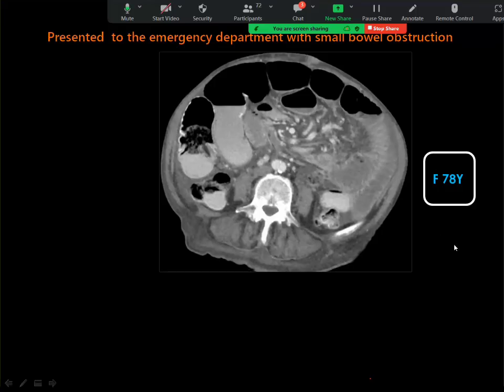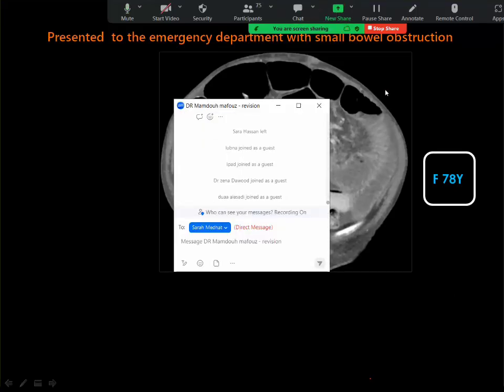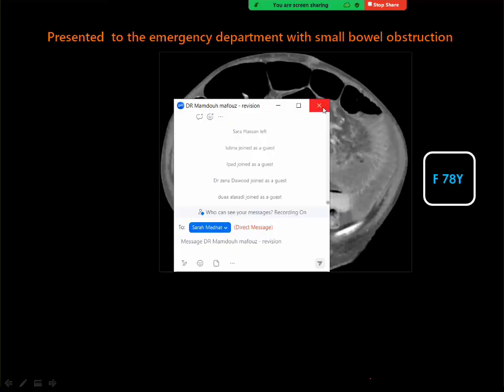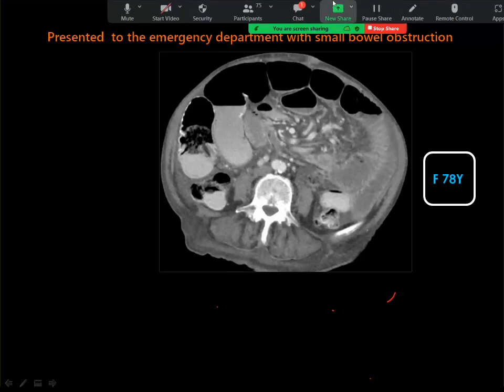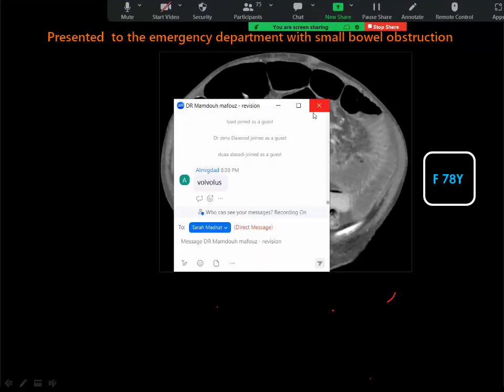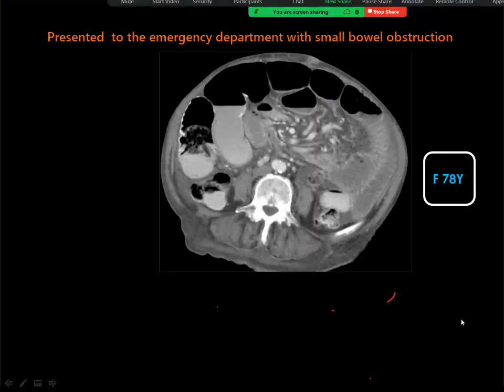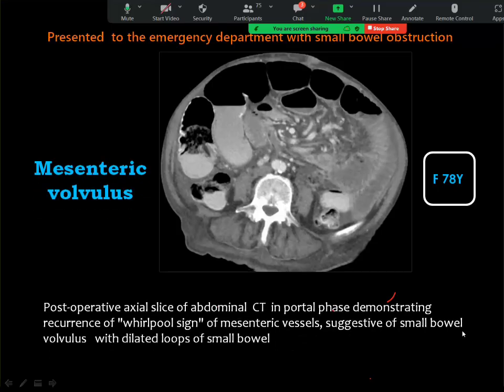78 years old female patient presented to the ER with a small bowel obstruction. Yes, and this is good. This is mesenteric volvulus.